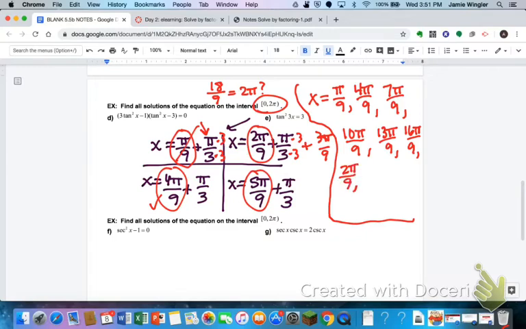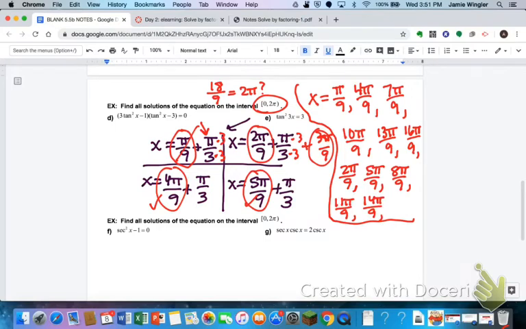And I have to start adding 3/9 pi to that. So 2/9 plus 3/9 is 5/9. So that means that answer is taken care of. 5/9 plus 3/9 is 8/9. 8/9 plus 3/9 is 11/9. 11/9 pi plus 3/9 pi is 14/9 pi.